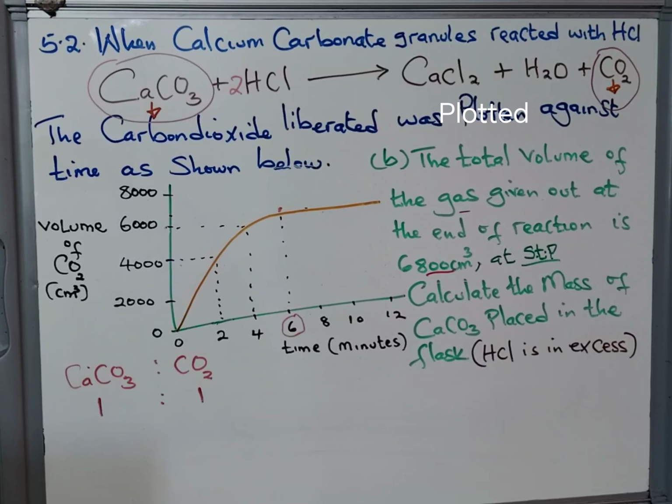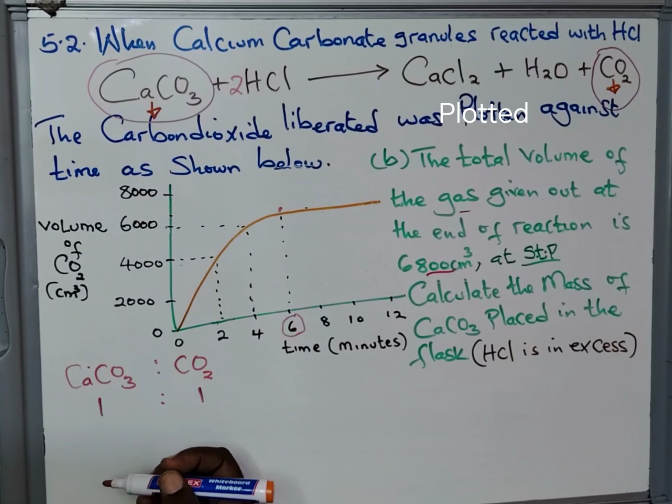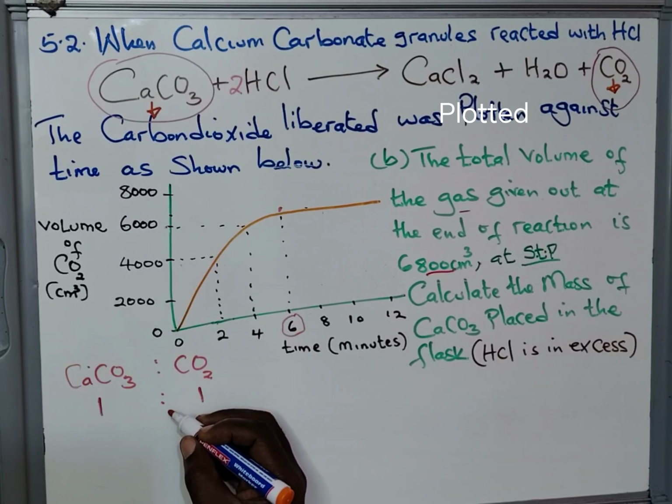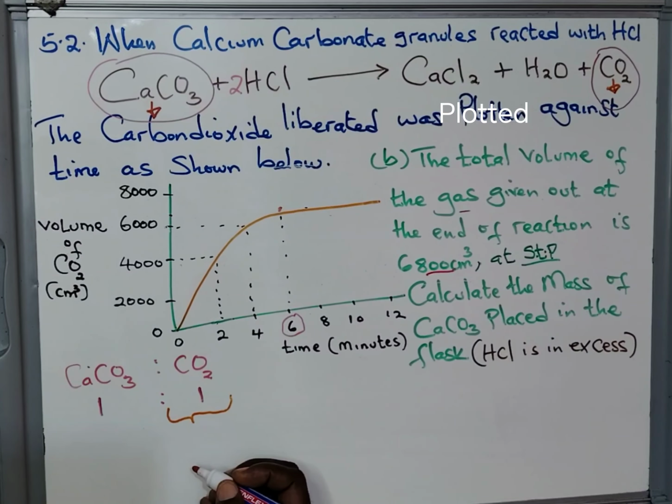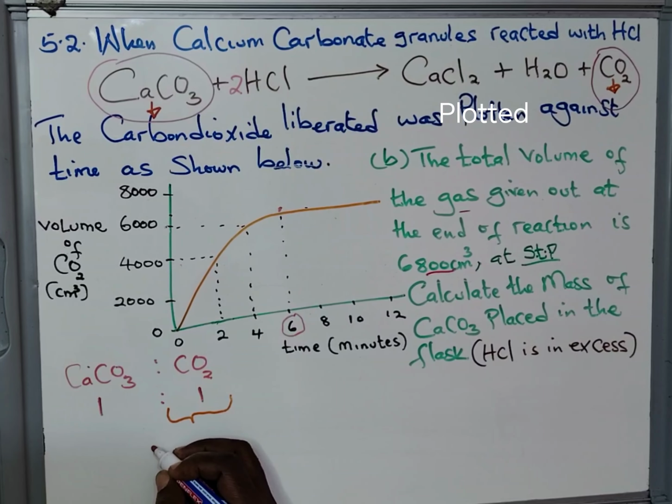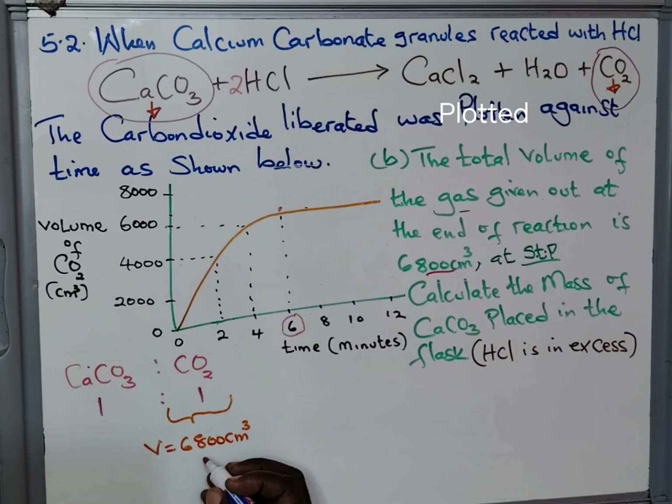Okay, after reaching that stage, what is next? Next is to find out which one is known. You happen to know that the volume of carbon dioxide was given, so carbon dioxide is known. We know its volume, which is 6,800 cubic centimeter.